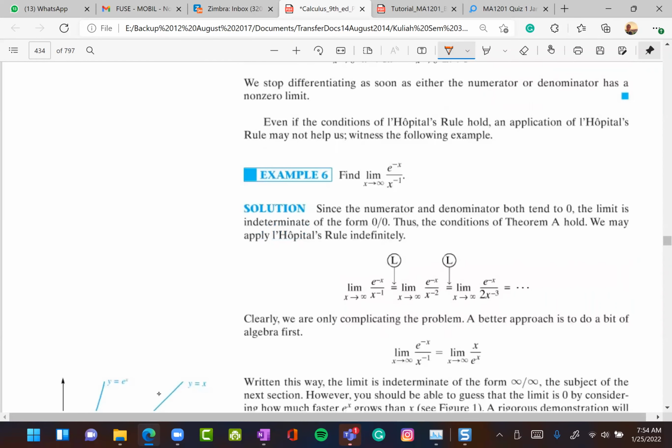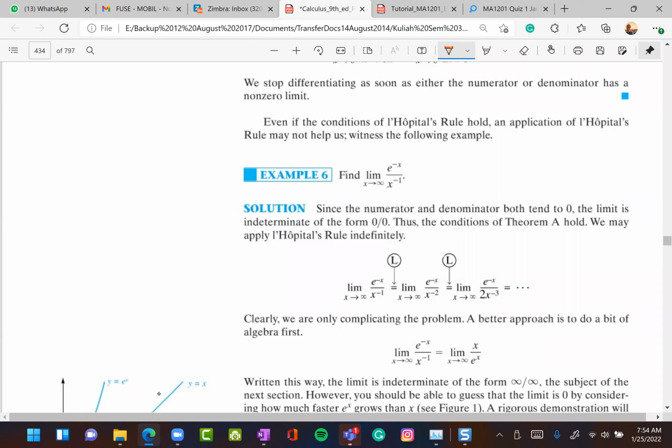Okay. All right, and this is another example of, well, it is correct of using the L'Hopital rule, but it doesn't lead you to any answer. For example, this one, e to the negative x and x to the negative 1.